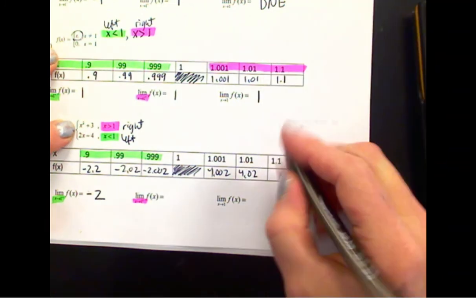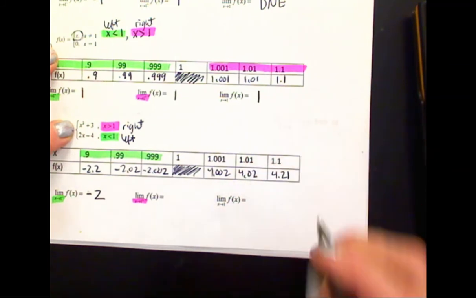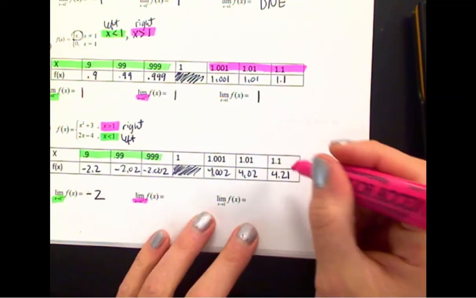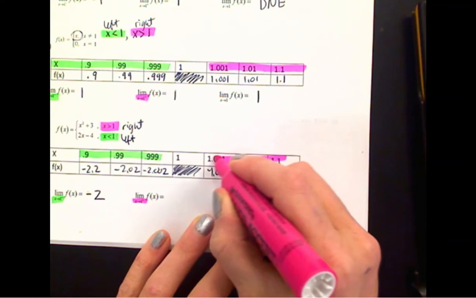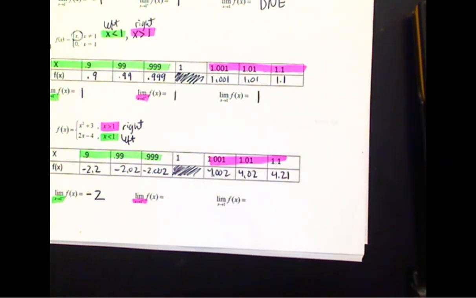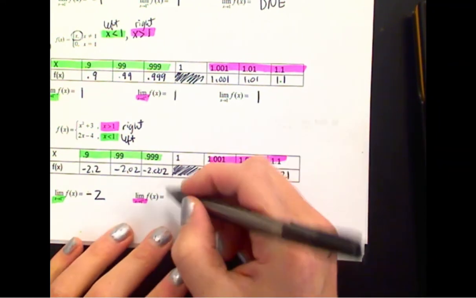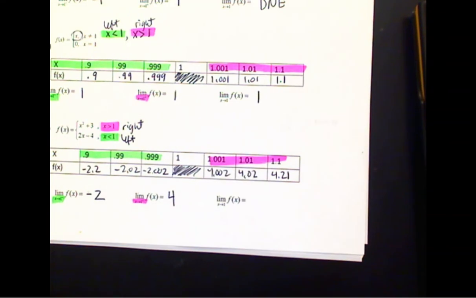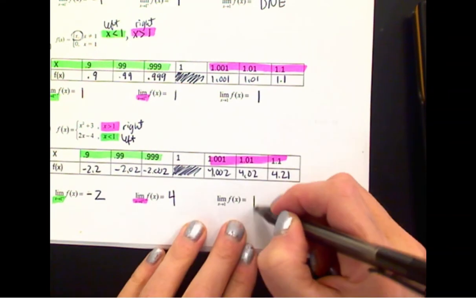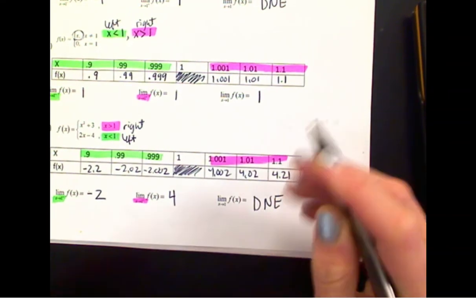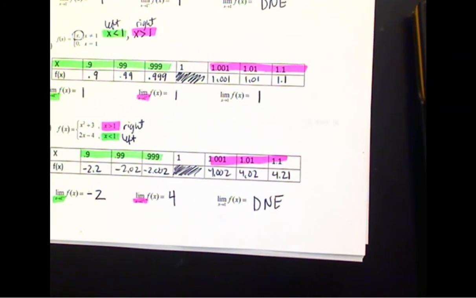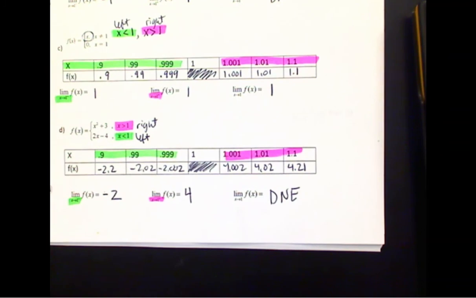Okay, 4.21. It looks like as I am approaching 1 from the right, the y values are getting closer to 4, which means that this limit does not exist because they're not the same. But notice I didn't look at the graph, right? You can do them graphically, you can do them in a table.